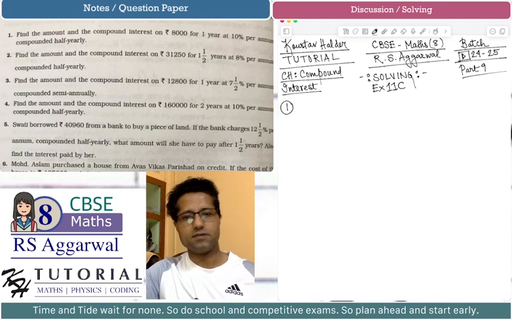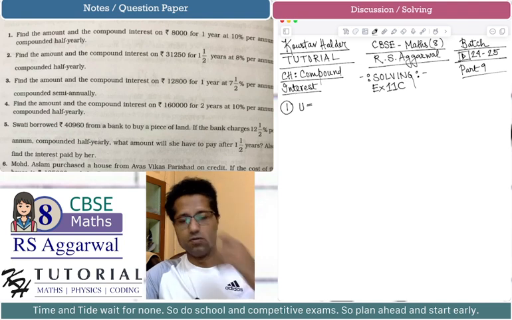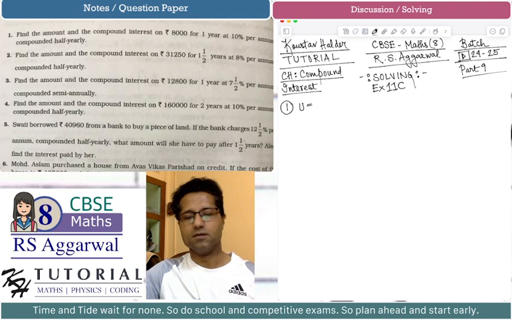The first question says find the amount and the compound interest on rupees 8,000 for 1 year at 10% per annum compounded half yearly. Compounded half yearly means the unit of time or the conversion period is 6 months. So as part of our discussion and formula, I represent with the capital letter U the unit of time or the conversion period in months.